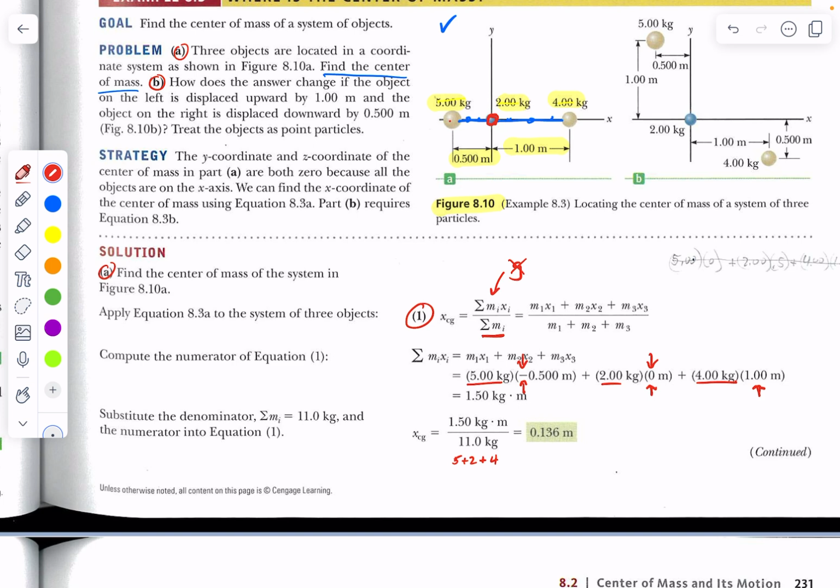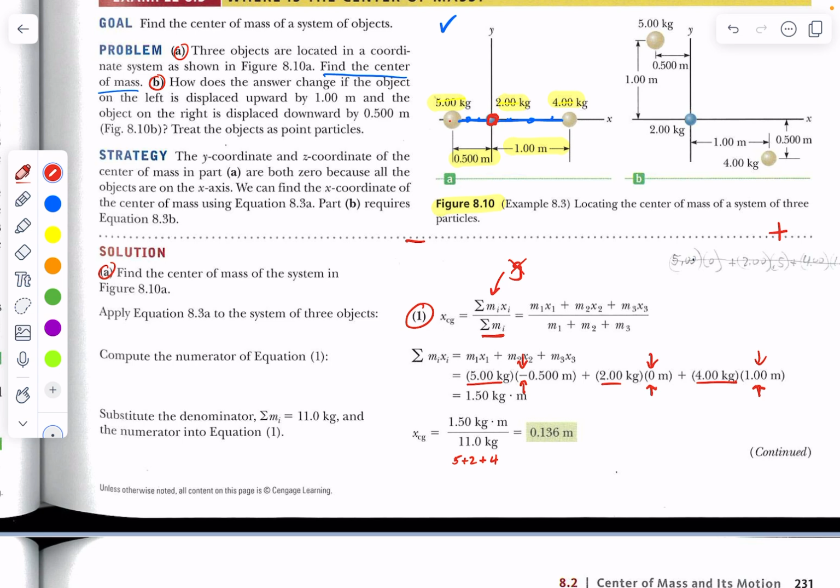And the one on the right is a meter to the right of the 2 kilogram mass, so that's going to be positive. Again, we're using the logical convention, for all of you backwards thinking folk, that going to the right is positive and being on the left is negative. And yes, the answer will work out if you reverse that for some weird reason.